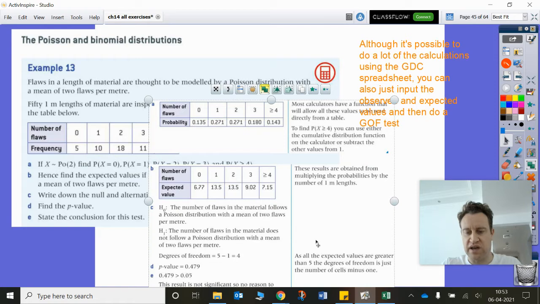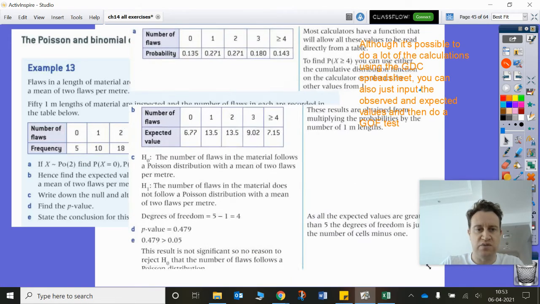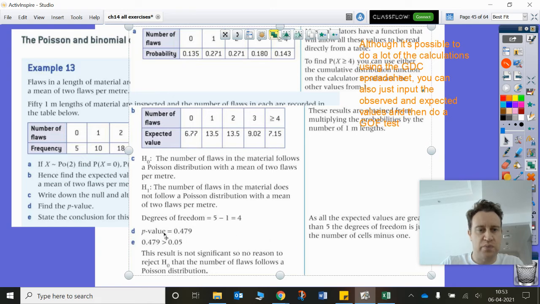Press OK on this, and I'm getting a chi-squared value of 3.489, which they don't ask for, and I'm getting a p-value of 0.47943 something or other. So here we go, we're getting exactly what they're saying here as well. Okay, so p-value is 0.479.